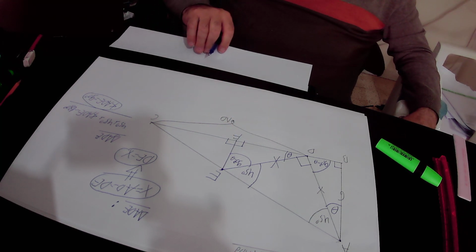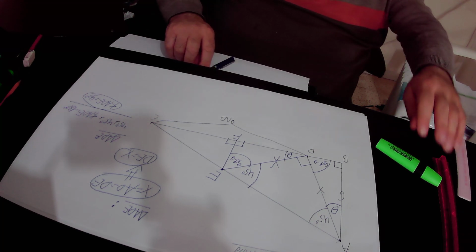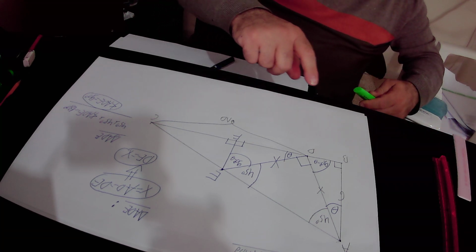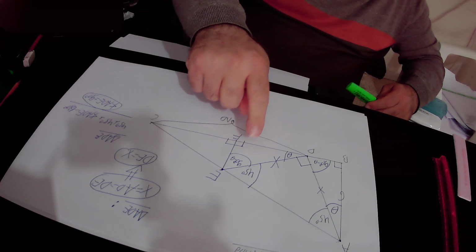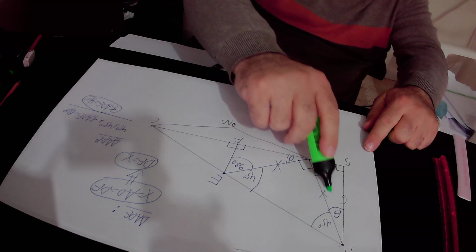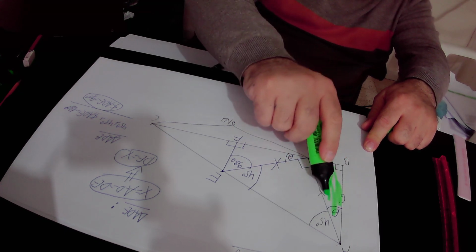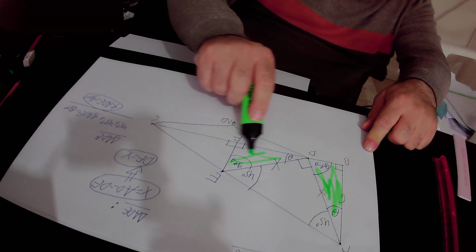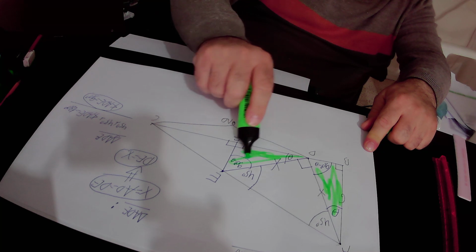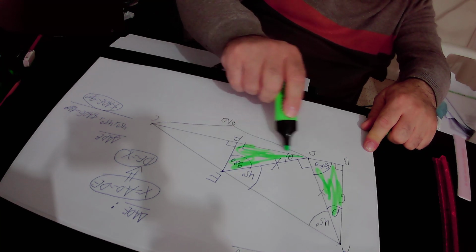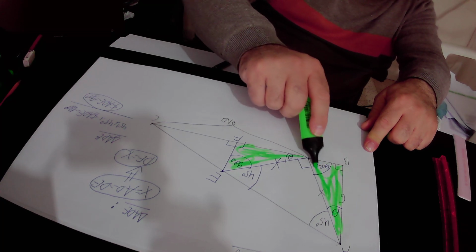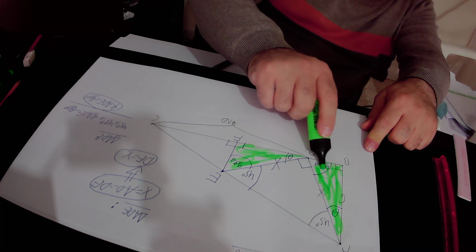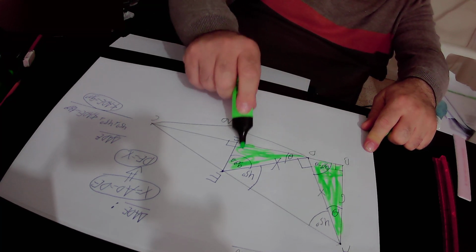So in the next step, we will prove that the right triangle ABD is congruent to the right triangle EDF. Why are those two right triangles congruent to each other?